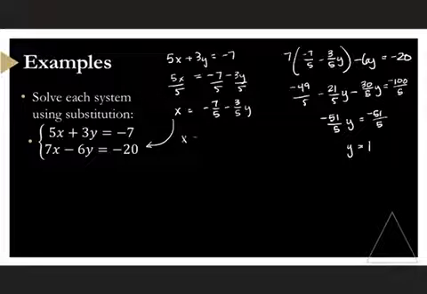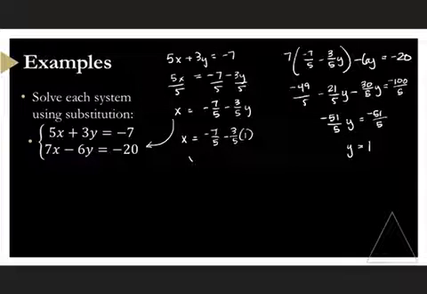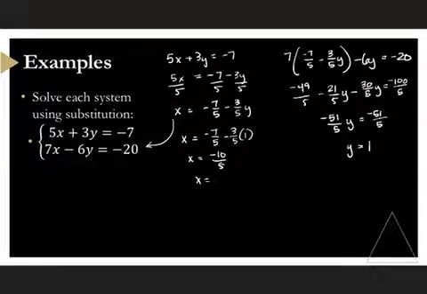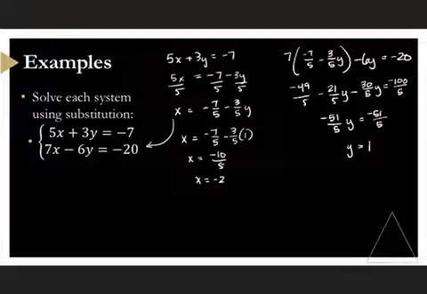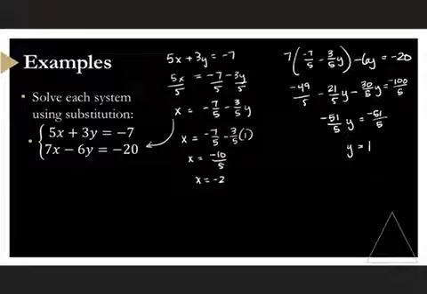So then x is going to be negative 7 fifths minus 3 fifths times 1. So x is negative 10 over 5, which means x is negative 2. Okay. So this system has one solution, and it happens at (negative 2, 1).